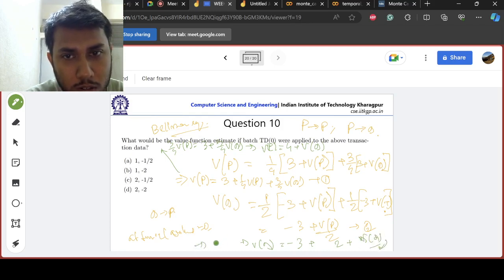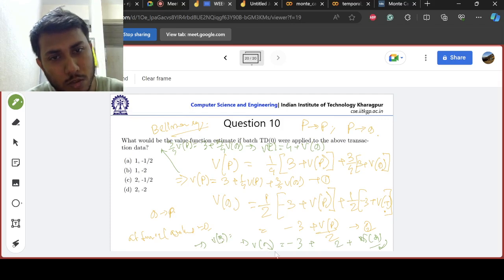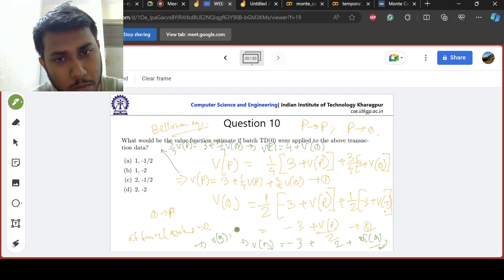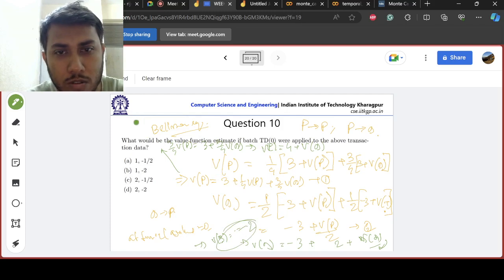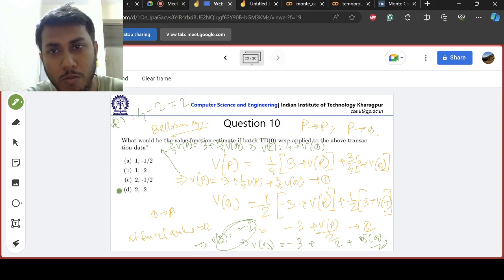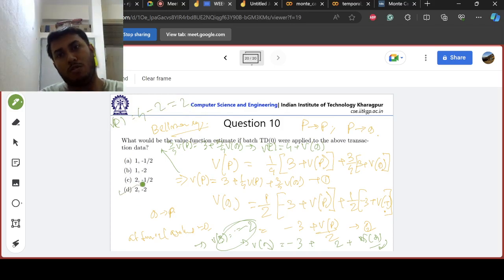So V of Q will be minus 2, and V of P will be 4 minus 2, which equals 2. This will be the answer: 2 and minus 2.